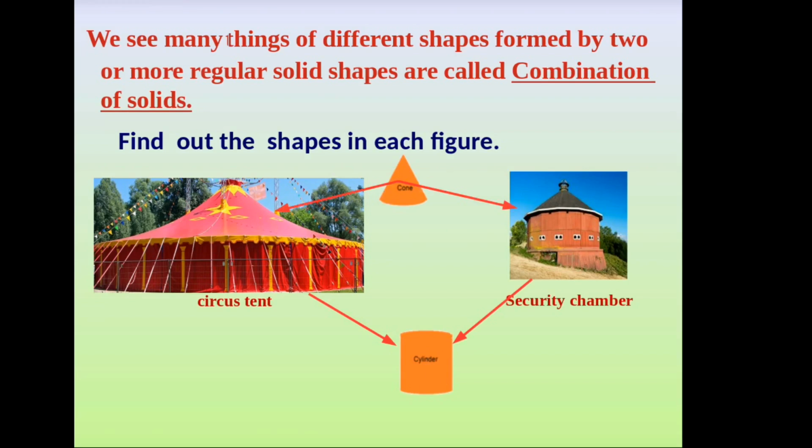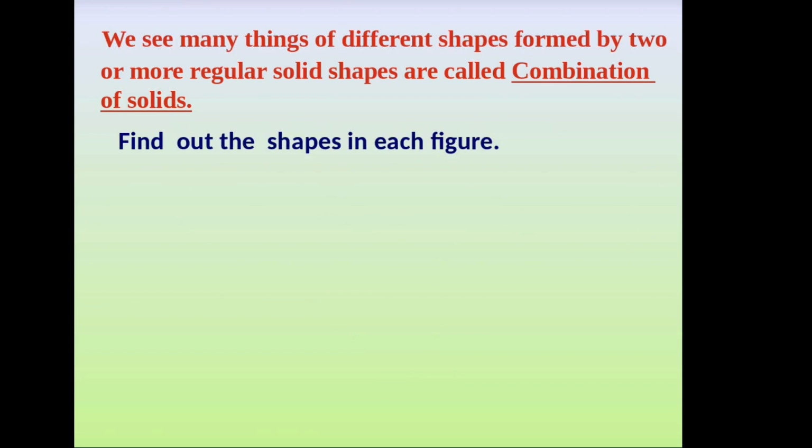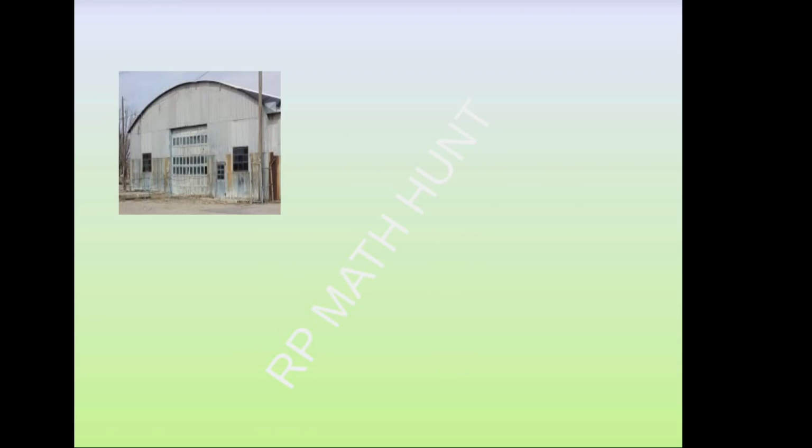One more figure, a spinning top. The top of the spinning top is a hemisphere. The bottom of the spinning top is a cone. Again, one more: cricket bat. Here the bottom is a cuboid, the middle part is a cylinder and the top knob is a hemisphere.